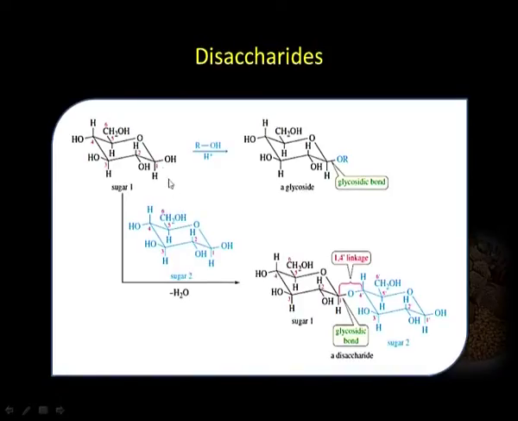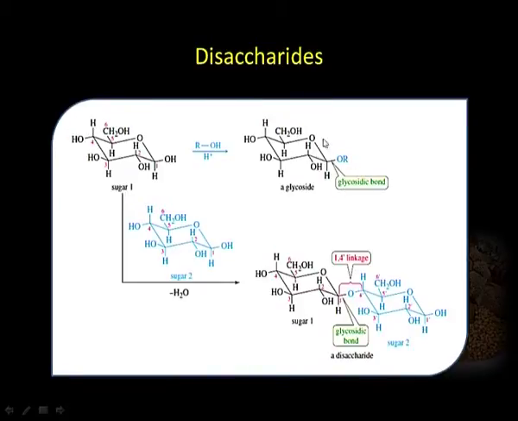Again, this is an example showing the conformation of any monosaccharide. Say this is one sugar. Now, this is the anomeric carbon having the hydroxyl group. When it reacts with any alcohol in presence of acid, it forms this acetal type of structure, and we call this bond a glycosidic bond.